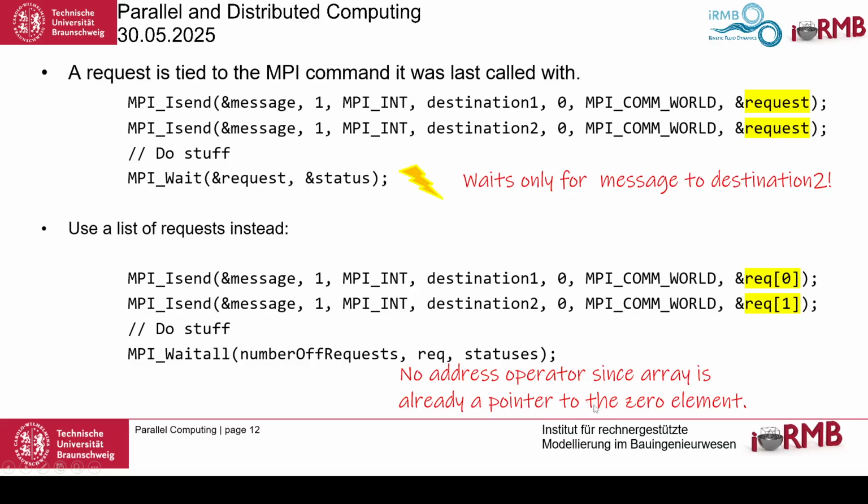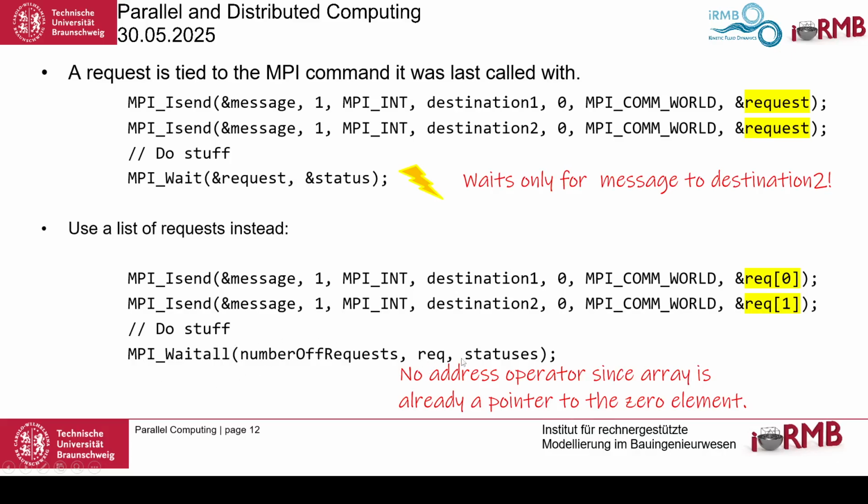So the better thing you do is you get one request for each send operation that you do, and in order to then wait, for example, for all of them, you can also use this wait all.